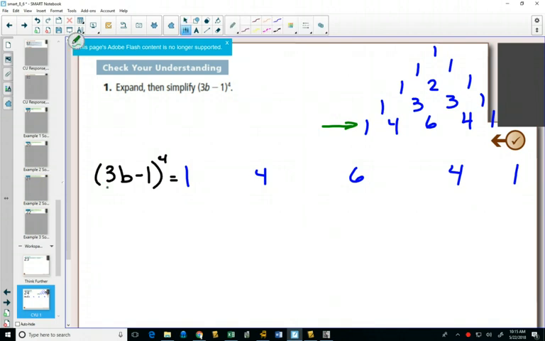I'm going to underline it here in green. That's my first term in my binomial, 3b. And what's going to happen is we are going to have 4 of them in our first term, then 3 of them, then 2 of them, then 1 of them, and finally none left.